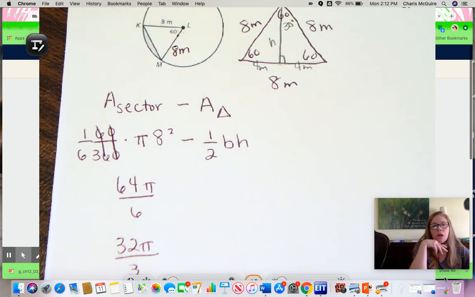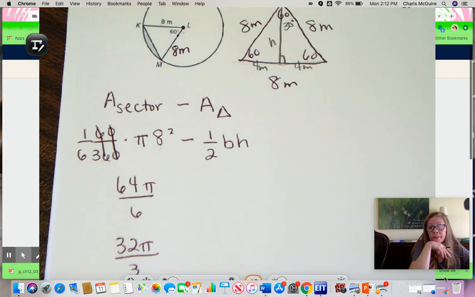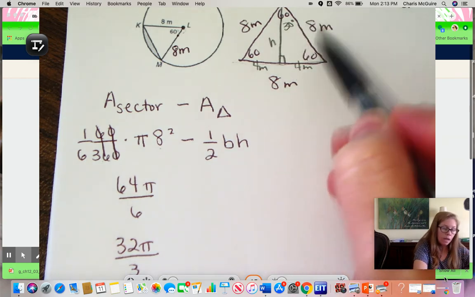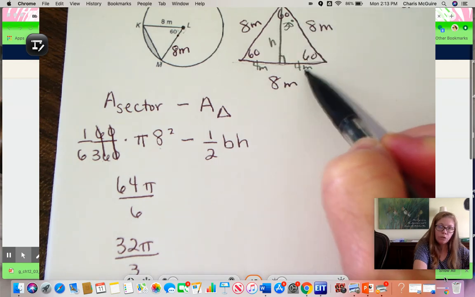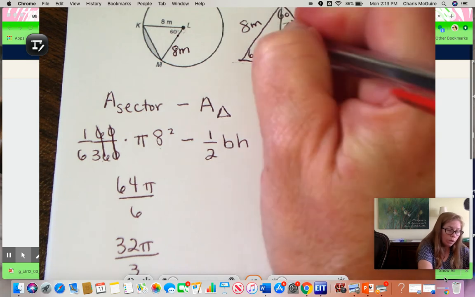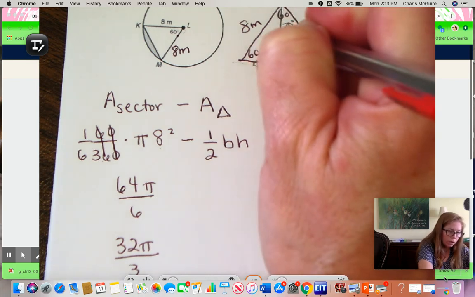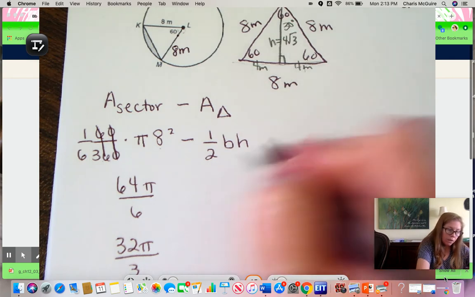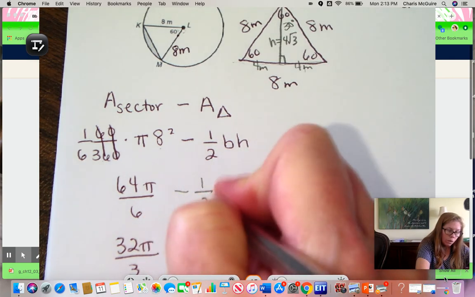Well, you could do this two different ways. You could remember your 30, 60, 90 right triangles, or you could do the Pythagorean theorem. I'm going to choose to do 30, 60, 90 right triangles. So if this is my smaller leg, it's 4. My longer leg, do you remember, is 4 square root of 3. That's the height of my triangle. So I'm going to do minus 1/2.